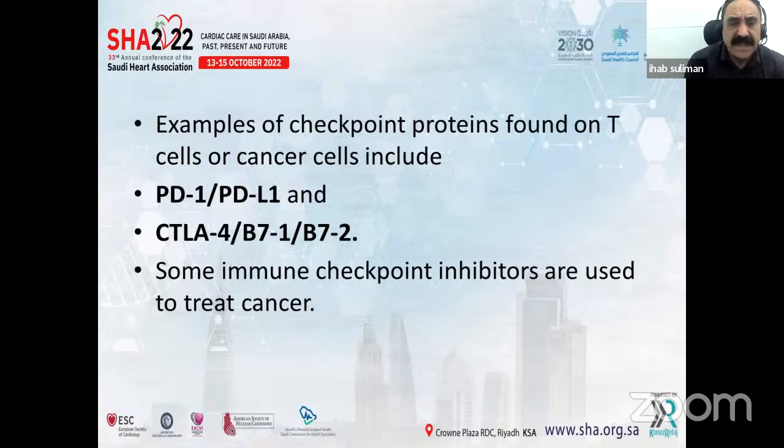They are abbreviated as PD-1, PD-L1, CTLA-4, B7-1 and B7-2. And when these checkpoint proteins are blocked, the T cells can attack and kill cancer cells.